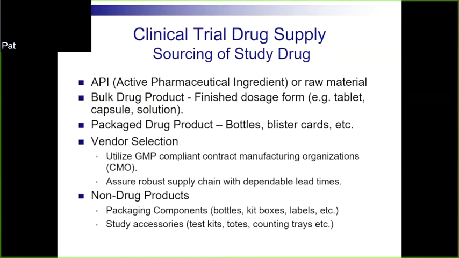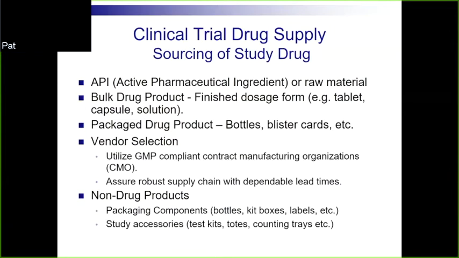Along that whole path, it's critical to select vendors who are able to demonstrate their compliance with the GMP requirements. It makes our lives a whole lot easier when it comes to resolving any issues that might occur during the course of the trial, and also having some dependable lead times.